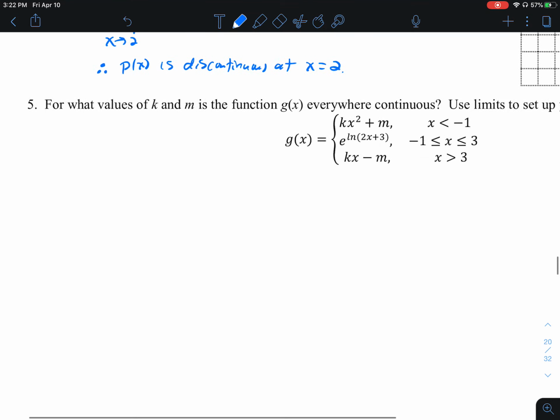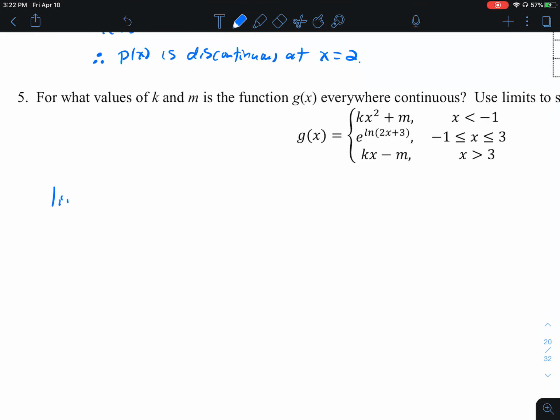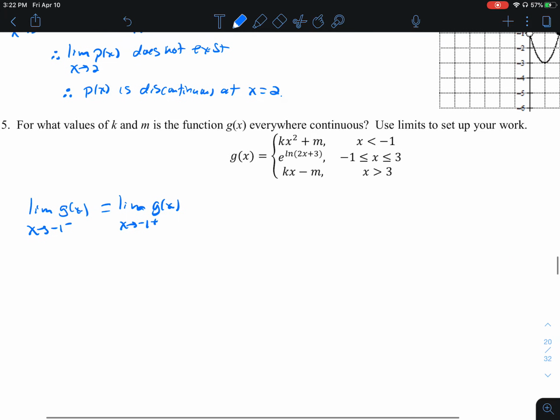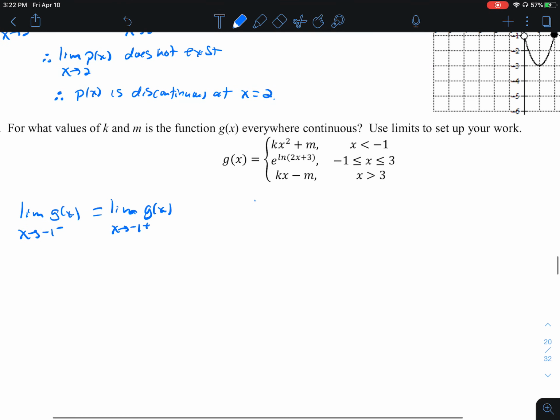So what we need is the limit of g of x as x approaches -1 from the left to be equal to the limit of g of x as x approaches -1 from the right. We also need the limit of g of x as x approaches 3 from the left to be equal to the limit of g of x as x approaches 3 from the right.